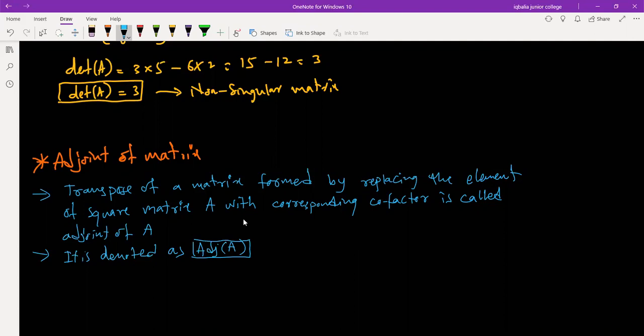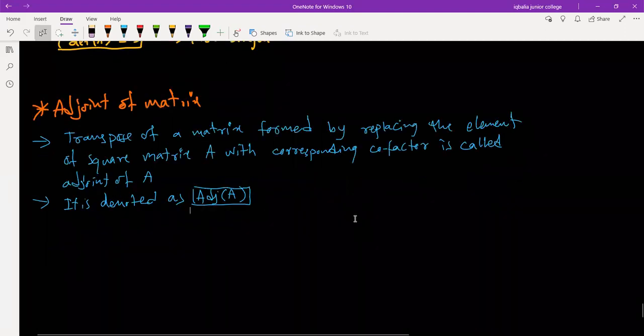So maybe some girls have understood the meaning of adjoint of matrix, but maybe some of you didn't get that meaning. So here let me take one example. After this example you will understand in an easy way.